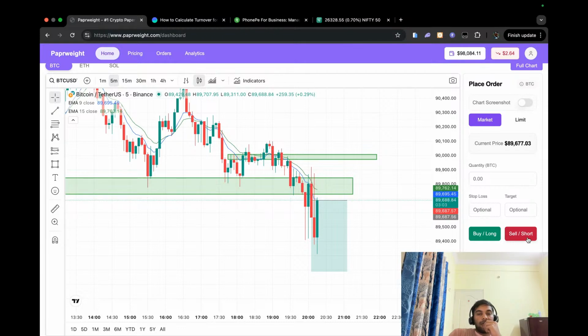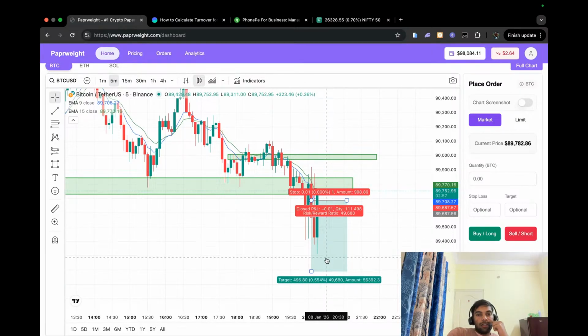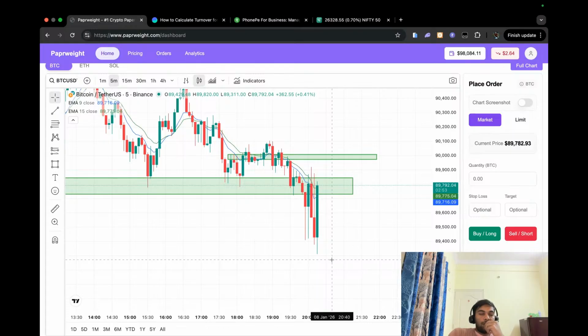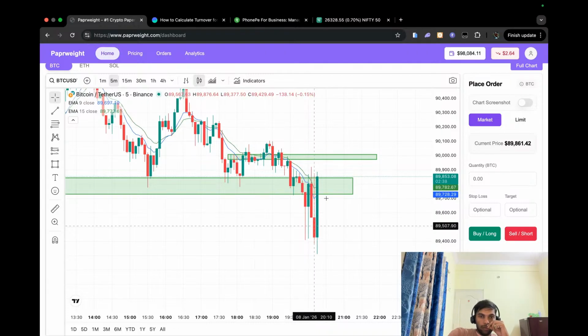But as you can see, we hadn't booked our profits. Well, the target hit, but it's fine. We have seen that the target got hit, but this green candle wiped out all the sellers for sure. And this is a big green candle.